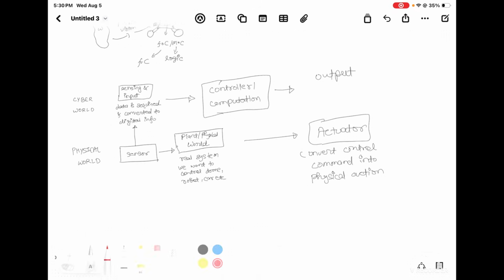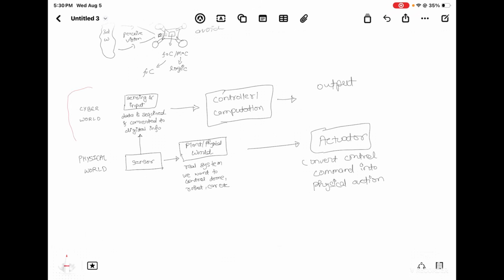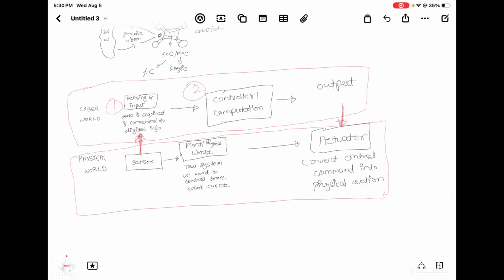So the drone will avoid it if it finds there is an obstacle to avoid. And what these two worlds do is they interact: the sensor senses, and it acts using the actuator.